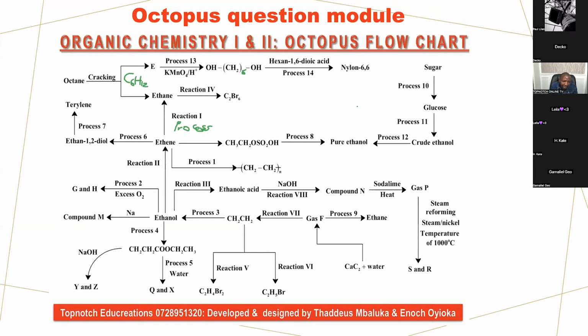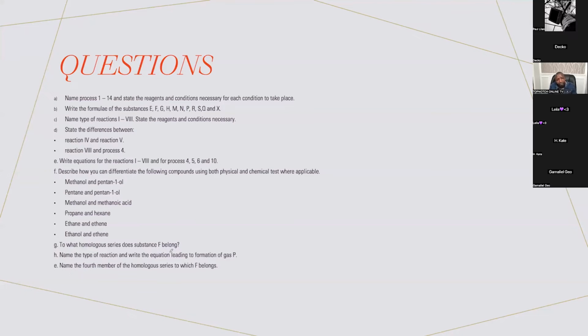Number 4, process 4, we have ethanol. I want to show you how to get the answers in case you get confused. If you're given something like that, come and cut it there. Once you cut it, this side is the alcohol, this side is the alkanoic acid.